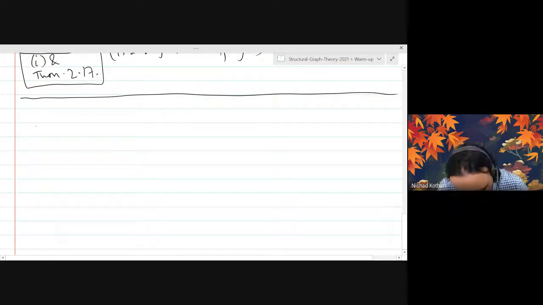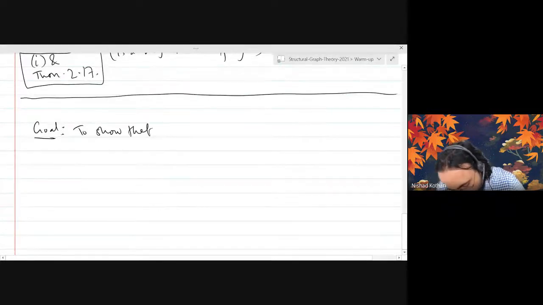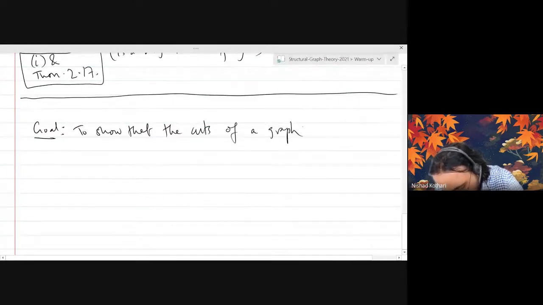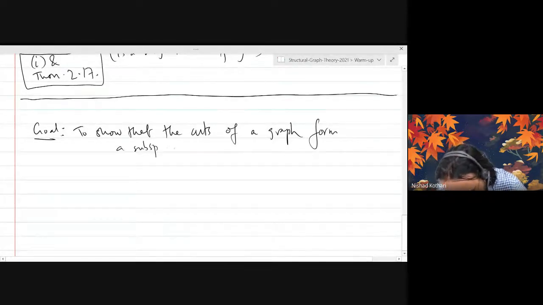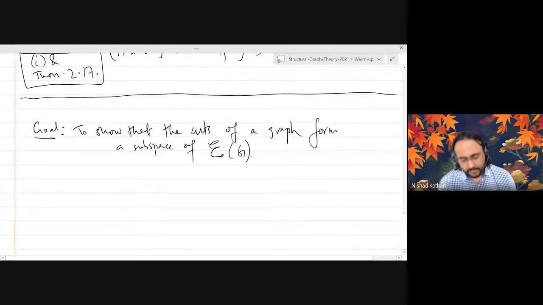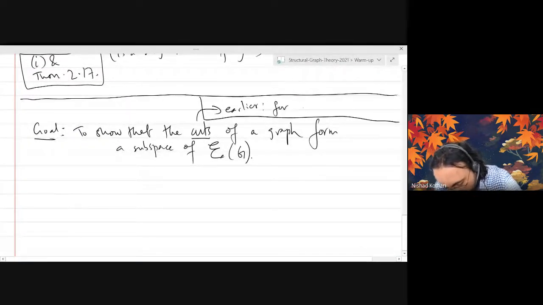So our next goal is to show that the cuts of a graph form a subspace of the edge space of the graph. Just to remind you, earlier we had shown the same statement for even subgraphs of a graph.